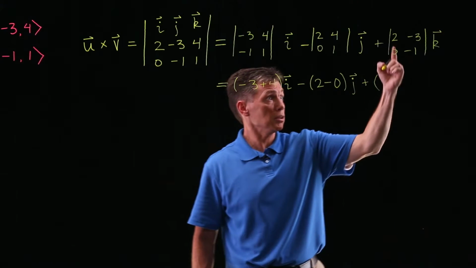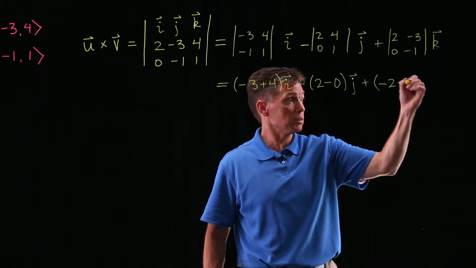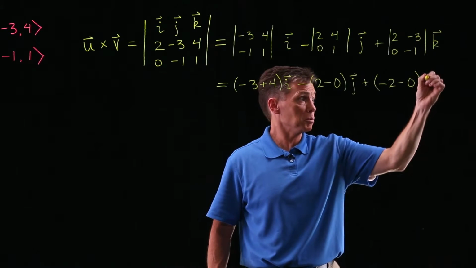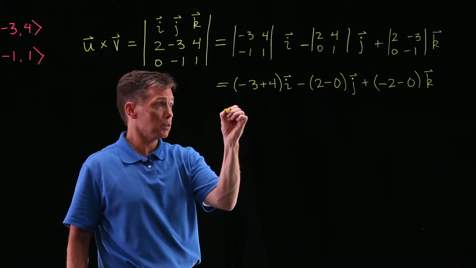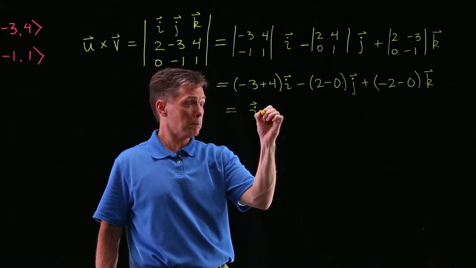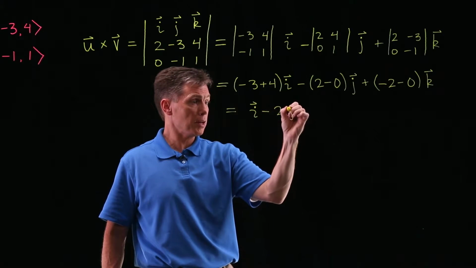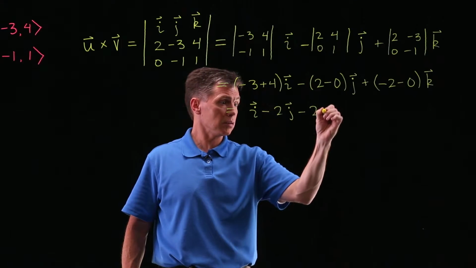Plus crisscross, negative 2 minus 0, times my k vector. That cleans up to i minus 2j minus 2k.